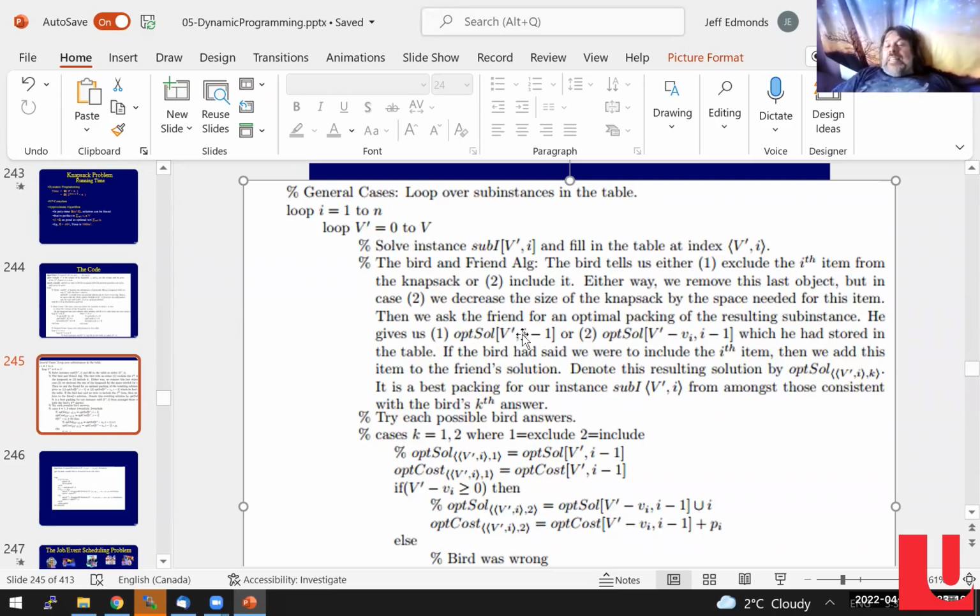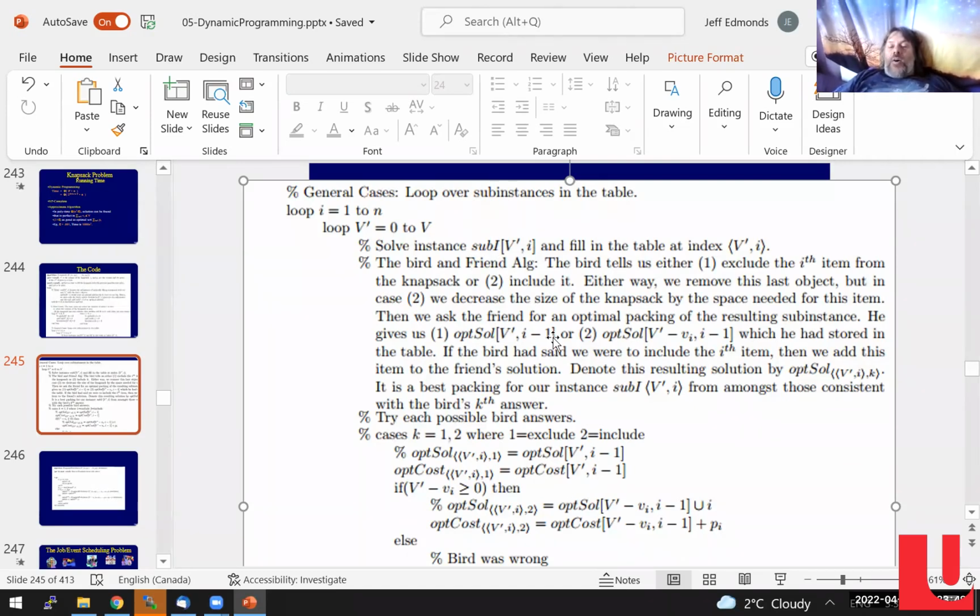So now I just need to worry about the first i minus one objects. And how big is my knapsack? Well, it's the same volume it was before. So my problem has gotten smaller, because the bird helped me. Now, instead of this problem, I have this smaller problem.